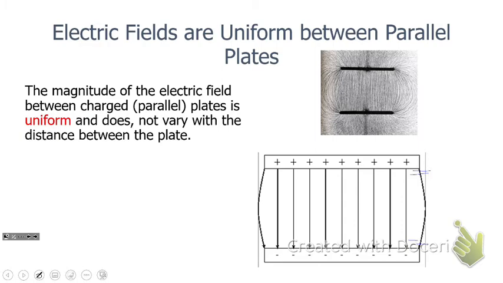There are no regions or pockets of different charges. By contrast, with a single charge, if we have positive at the top, the field moving down is stronger near the source and weaker as we get to the bottom; it decreases with distance.